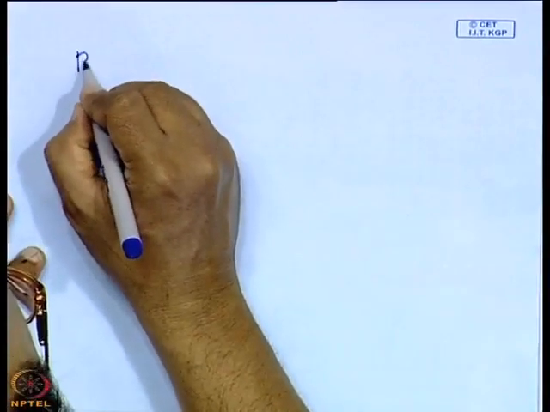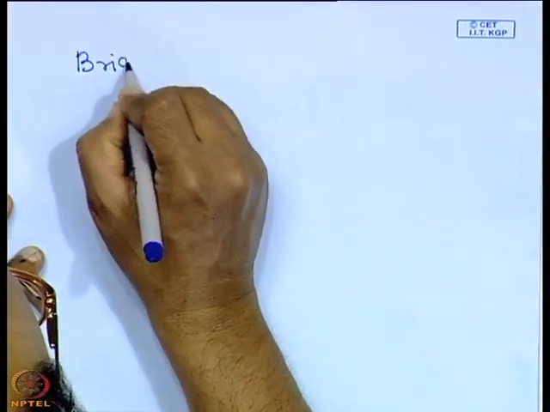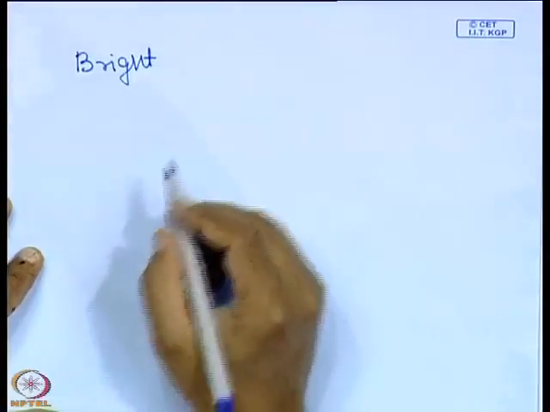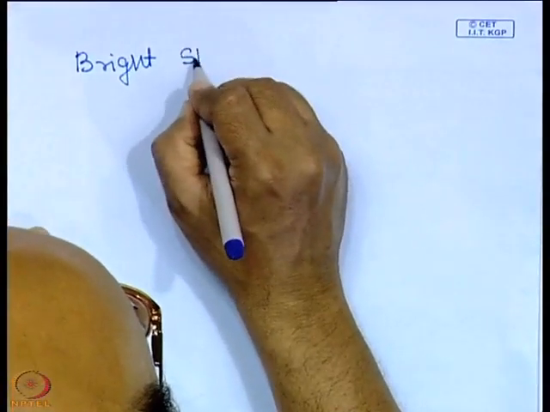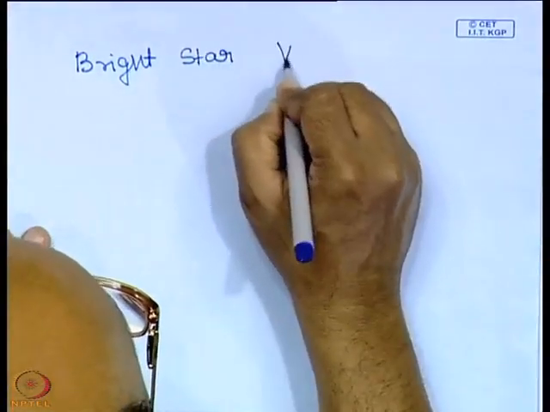So the 0 is determined using a bright star called Vega.